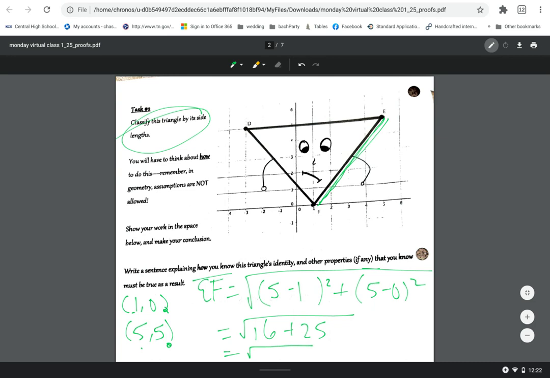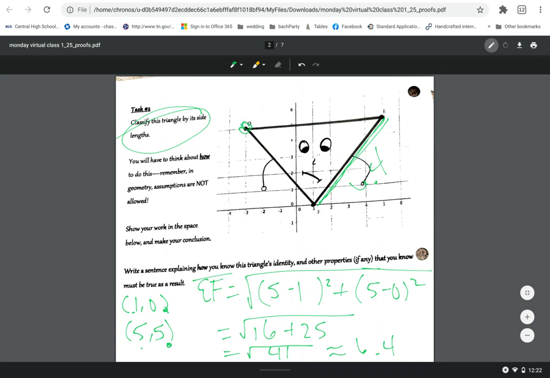All right, so I've got the square root of 16 plus 25. So you can find that. I didn't bring my calculator home. So the square root of 41. Oh, here we go. You get about 6.4.